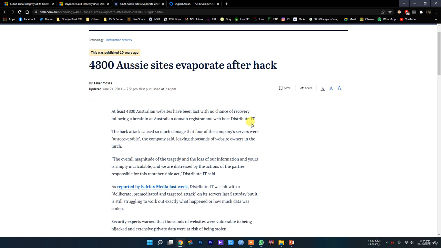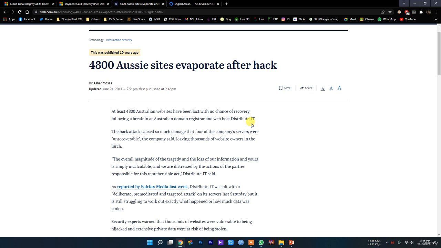They suffered a really serious attack, which, as the story says here in this article, effectively left the company's servers unrecoverable, and they lost all their client sites, all the data, all of their backups, just gone forever. This clearly had a major impact on Distribute IT. They had to shut down, but it also had a massive impact on those who had chosen to use this cloud provider.